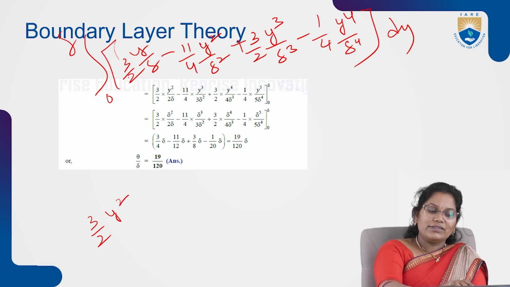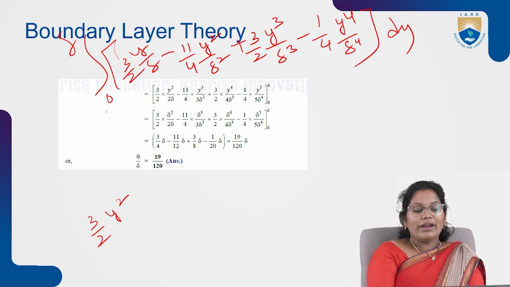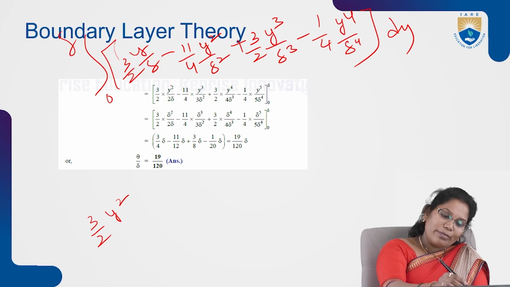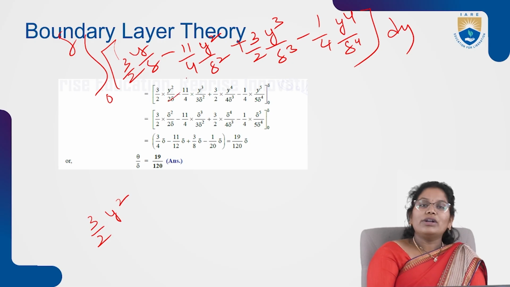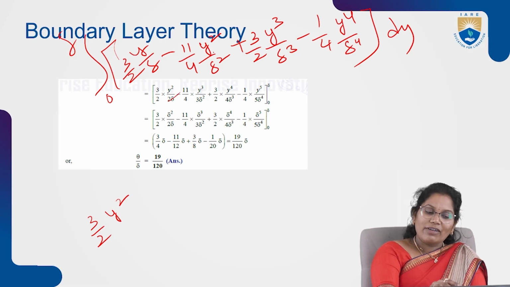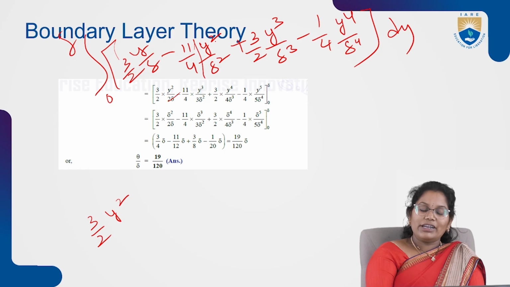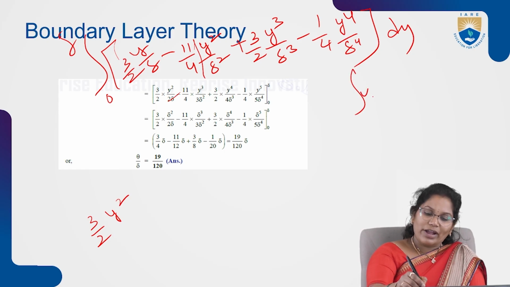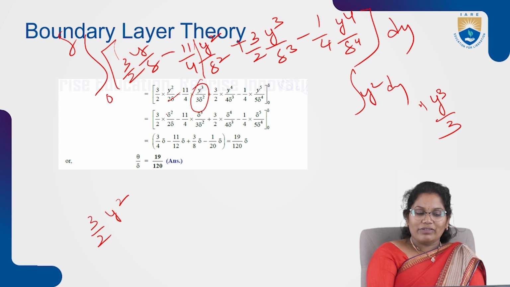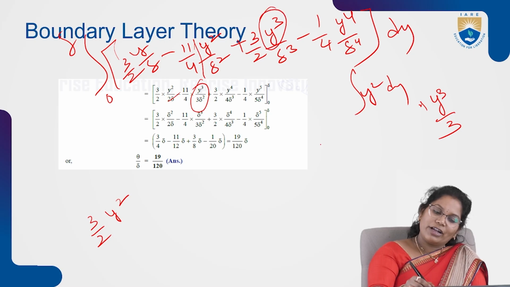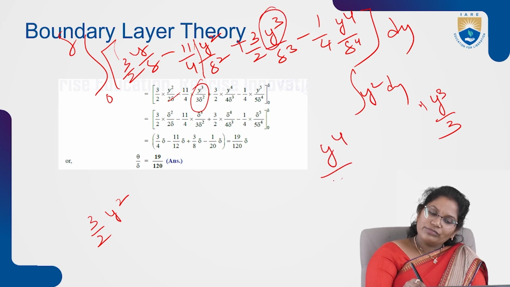So when you integrate this, 3 by 2 is constant and y by delta will become y square by 2 delta, plus minus 11 by 4 is constant. You have to integrate 11 by 4 into delta square is constant. Only have to integrate y square dy. So it will become y cube by 3 delta square, plus 3 by 2 into here this will become y to the power of 4 by 4 delta cube.